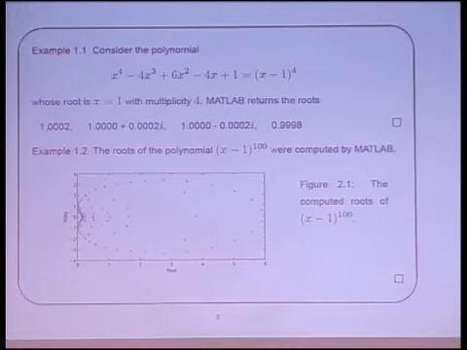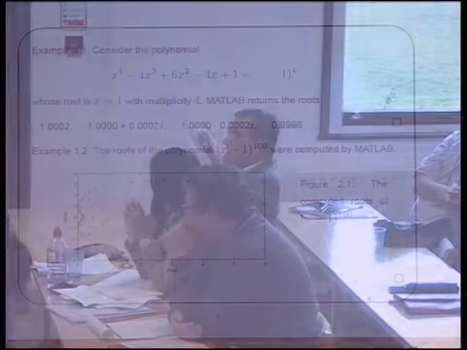So in that example, (x minus 1) to the 100, the coefficient of x to the 50th would be computed as an integer by MATLAB, as what we would call 100 choose 50. Yeah, that's right. That's quite a large number. But MATLAB would know that number.